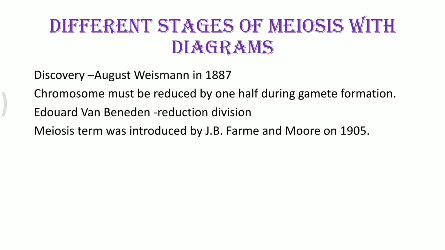Edward Van Beneden demonstrated the reductional division in the same year, 1887, and the term meiosis was introduced by J.B. Farmer and Moore in 1905. These are some of the important contributions of scientists to the process of meiosis, so we need to have a little idea about it.